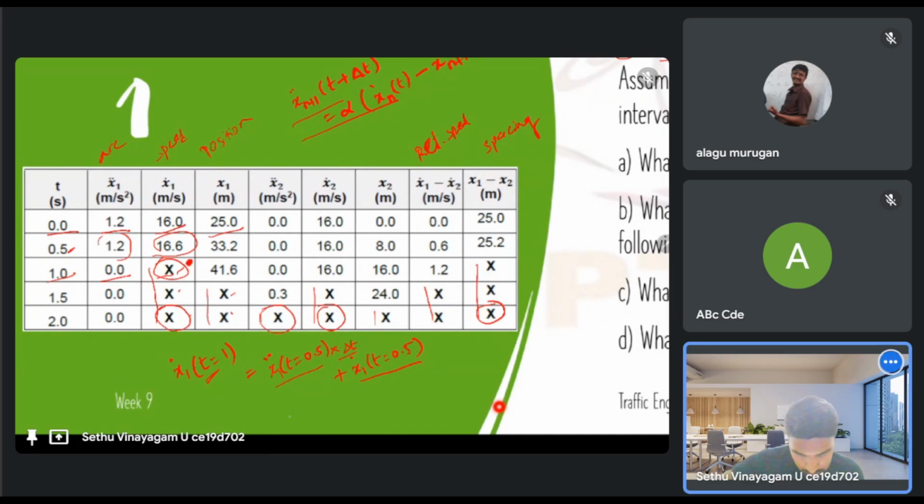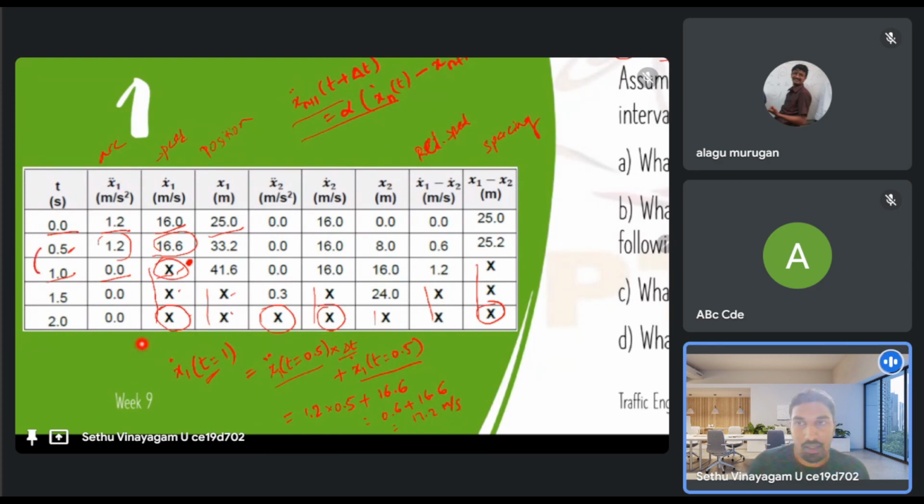The acceleration was 1.2 meters per second squared multiplied by our update time interval of half a second, so 0.5, plus the speed at time equal to 0.5, which is 16.6 meters per second. Which means the new speed at time equal to 1 is going to be 0.6 plus 16.6, which is 17.2 meters per second. So this is the speed of the leader at time equal to 1 second, because it accelerated at a rate of 1.2 meters per second squared for half a second from 0.5 to 1.